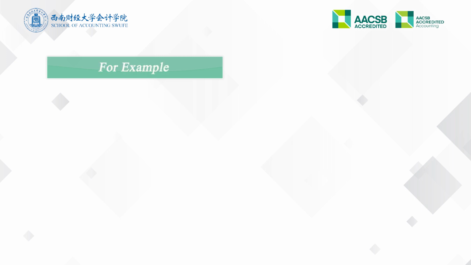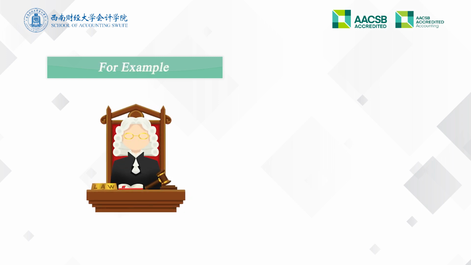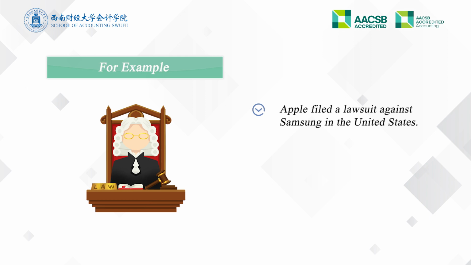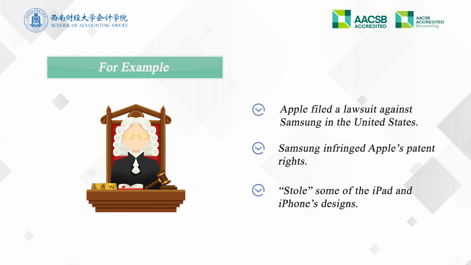For example, in 2011, Apple filed a lawsuit against Samsung in the United States, claiming that Samsung infringed Apple's patent rights and stole some of the iPad and iPhone's designs.